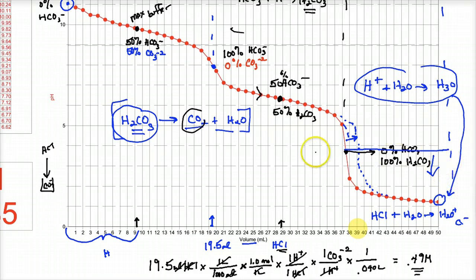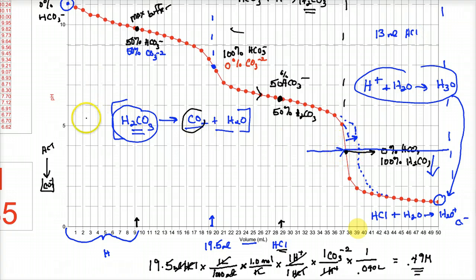You need to understand that to validate the final pH. Everything's been neutralized up to this point, so how do I validate this final pH? I'm asking my students, whatever pH you have here, see if it makes sense. If you noticed, you added 13 milliliters of HCl after the equivalence point.